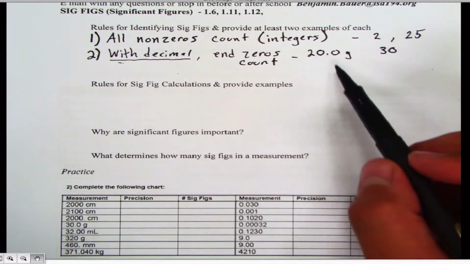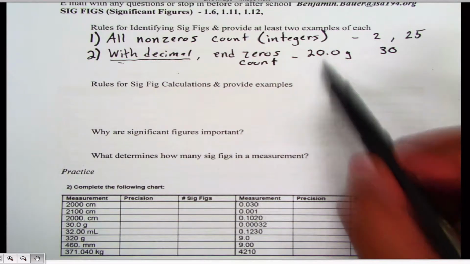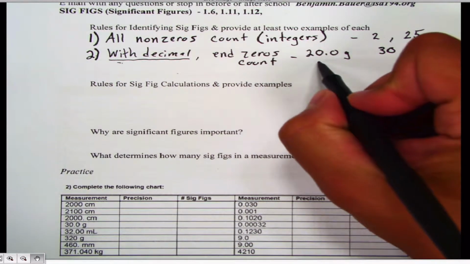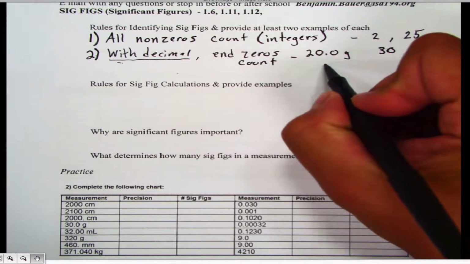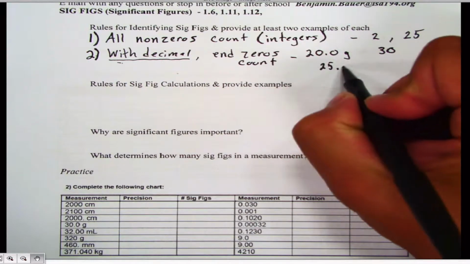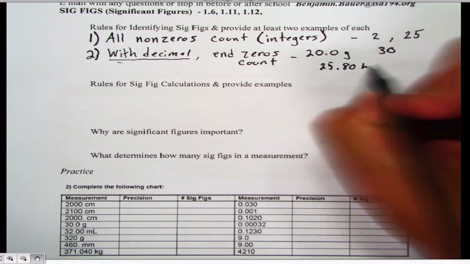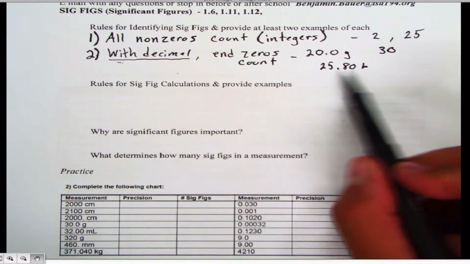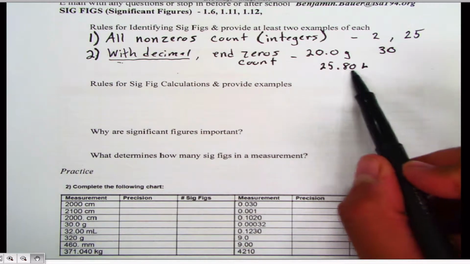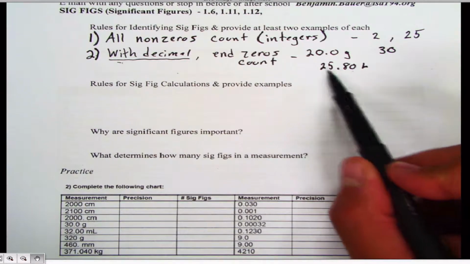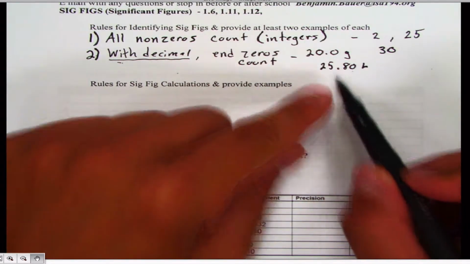They're furthest to the right. So this end zero counts, this 0 counts. Another example would be something like 25.80, liters. That end zero counts, so this would be 4: 1, 2, 3, 4. These are non-zeros, they count. And don't think this decimal is a stopping point.